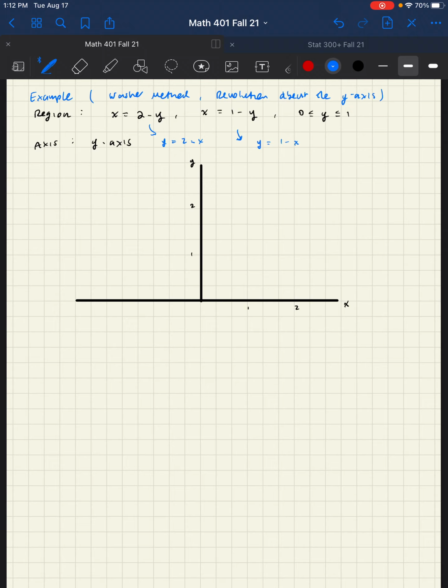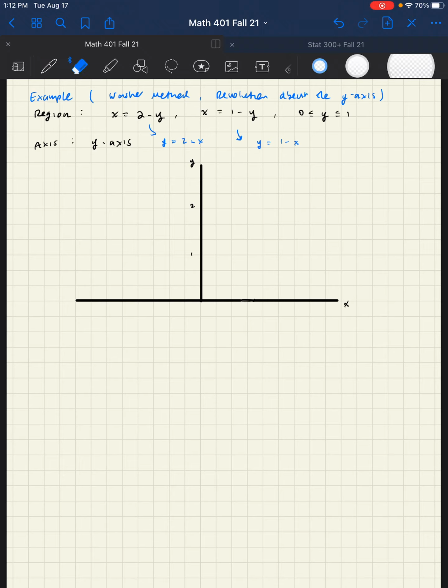But basically, the idea here is that they're going to have the same slope, but different y-intercepts. And because this needs to be between 0 and 1, I'm going to make that 1.